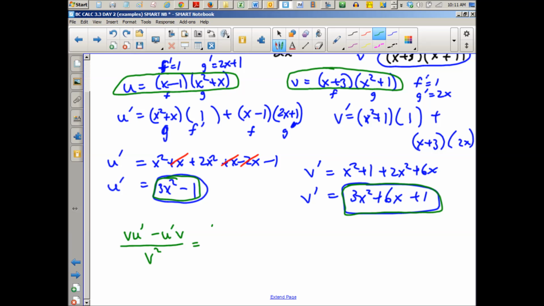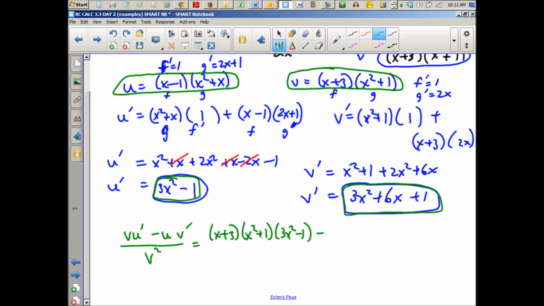So I have v, u prime, so this is v, and here's u prime, minus u prime, I'm sorry, I wrote my rule wrong. I put my prime on the wrong one. I already used u prime, right? So there's 1 of each.